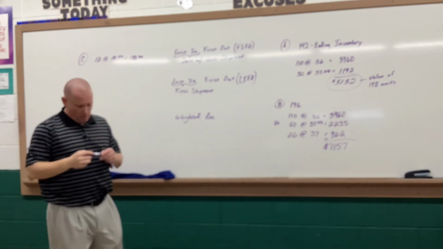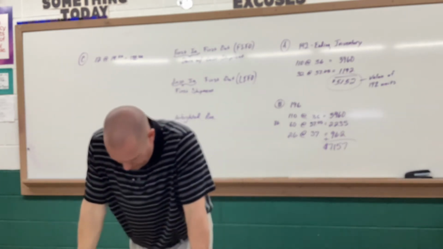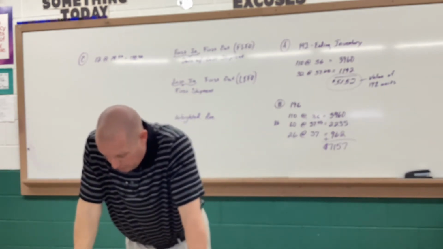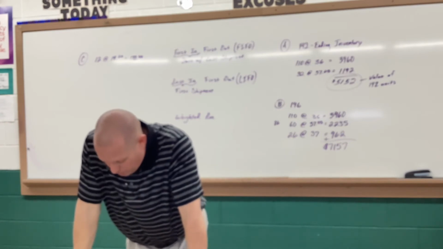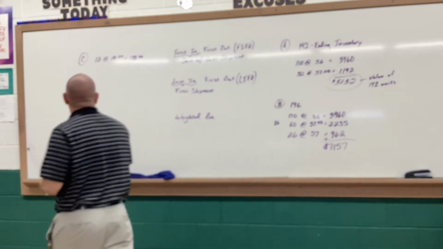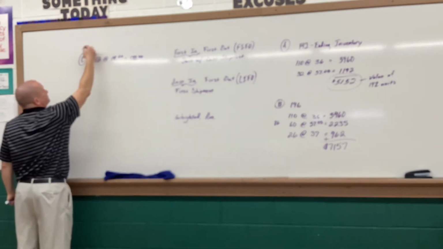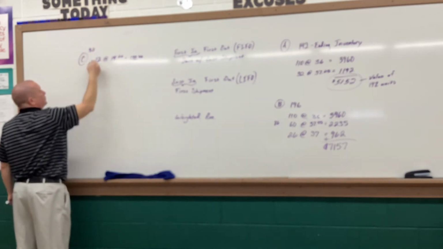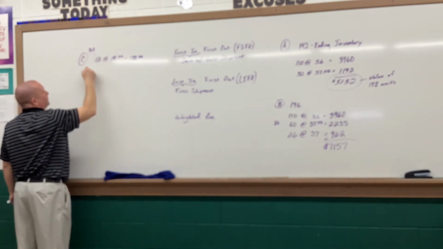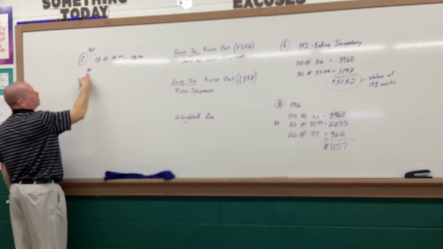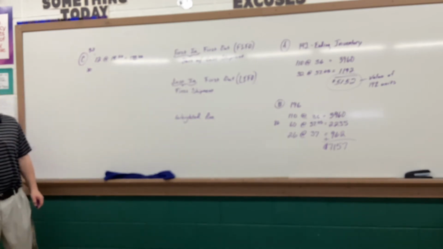Okay? Now, what does it say that we have to get to though? We're still going by the ending inventory, which is 32. So how many do I have left? 32 minus 12 basically is 20. Can I get all 20 of them in the next section? Start from the top though, not the bottom.